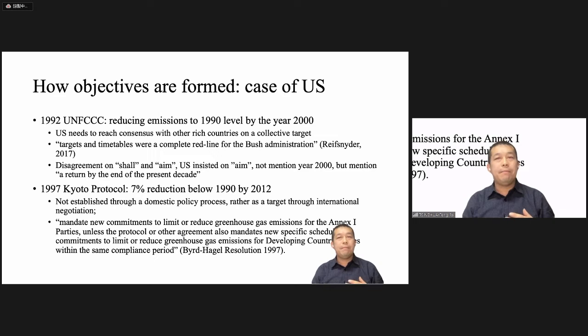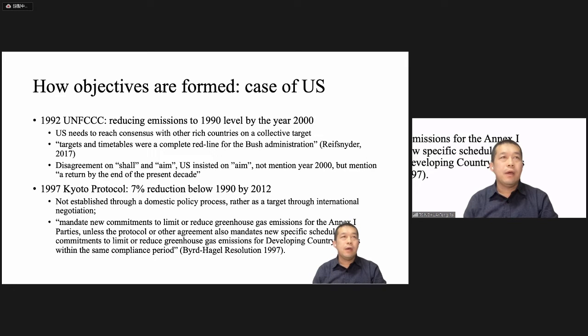If we look back at the historical record of how the US framed its objectives since the signing of the UNFCCC, which is the Framework Convention on Climate Change, which is generally the basic international law we build our international climate cooperation on.